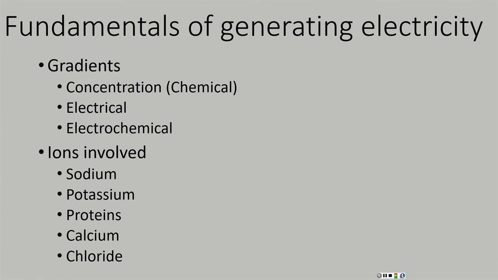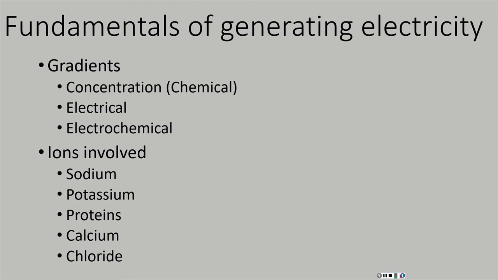So let's start to relate that now to electricity and how cells use these to generate and conduct electricity. Well, first, we're going to have to talk about gradients, and we mentioned these back in chapter 2, I believe. There are different types of gradients. There is something called a concentration gradient. Sometimes it's also called a chemical gradient.